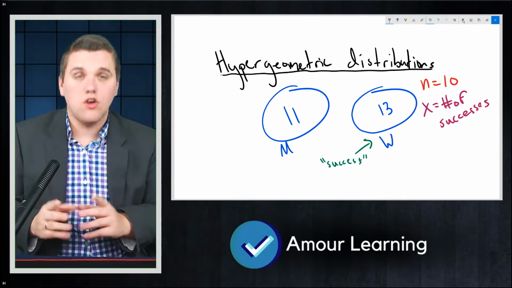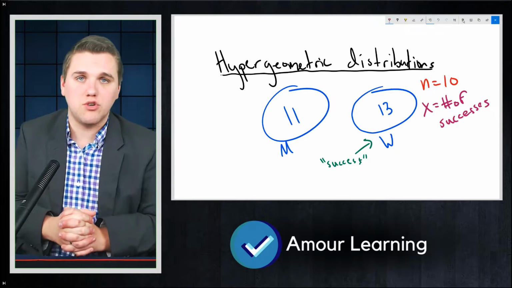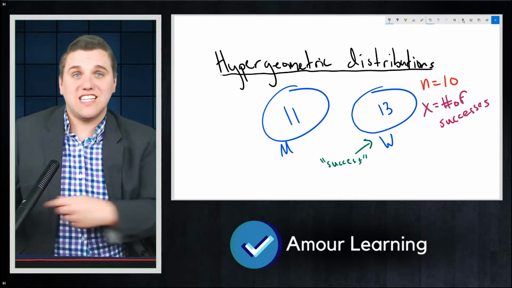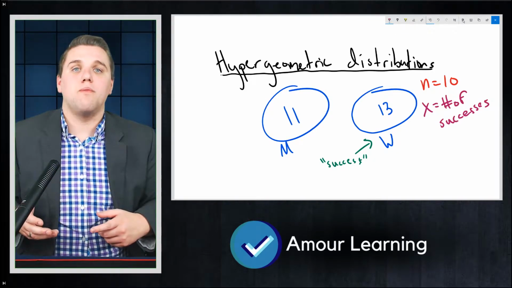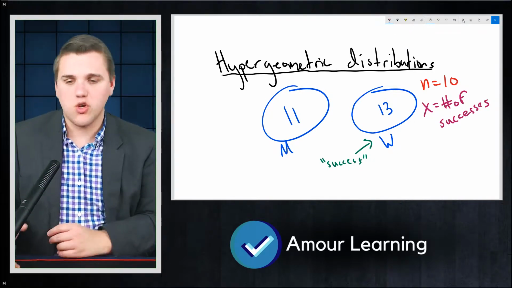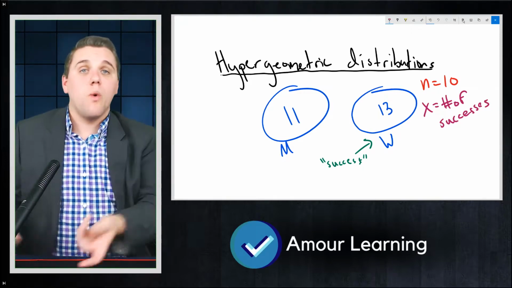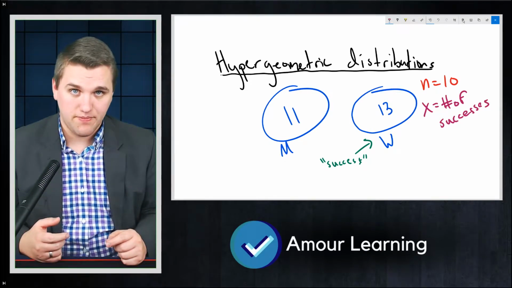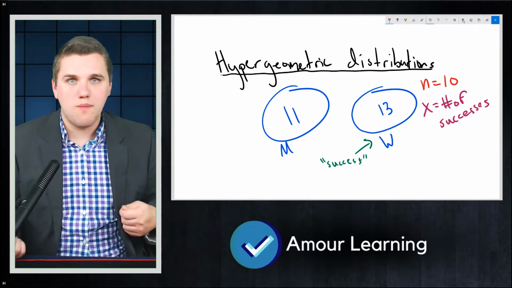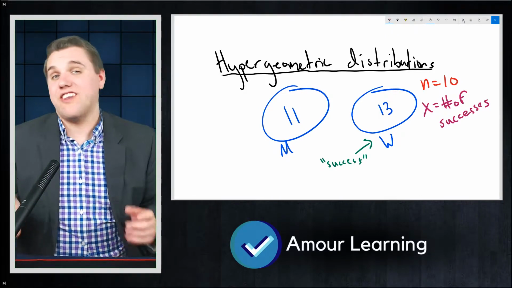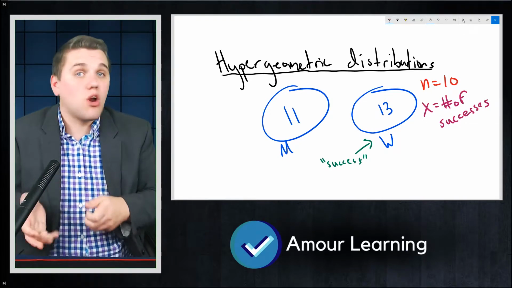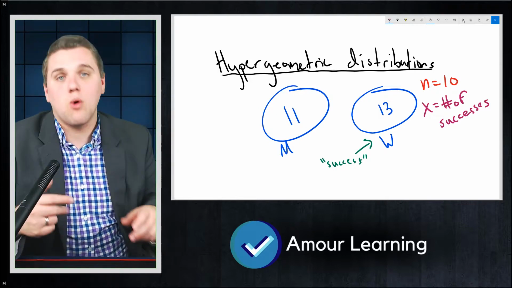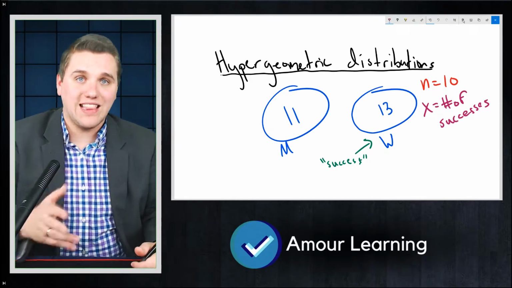Now keep in mind, with hypergeometric distributions, when we select people or select anything from our groups, we are not replacing them. So if we have, for example, marbles and pens, when we start taking things from the two groups, we are not replacing them. So for example, if we pull like 4 women right off the bat, then the chances are we're actually going to get more likely a male the next choice, because there would be more men at that point.